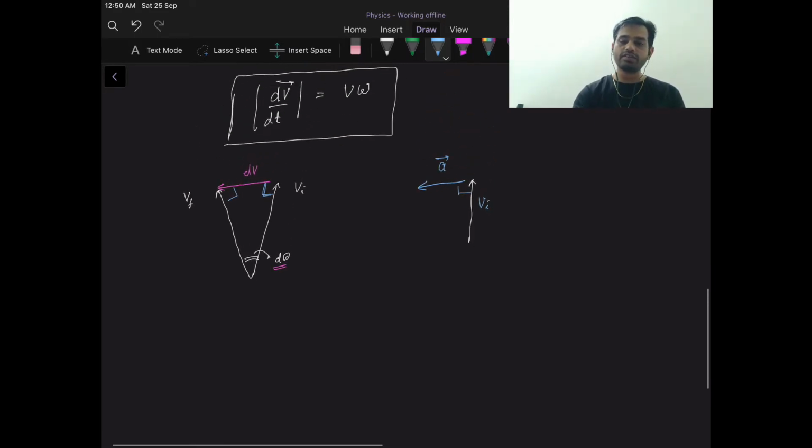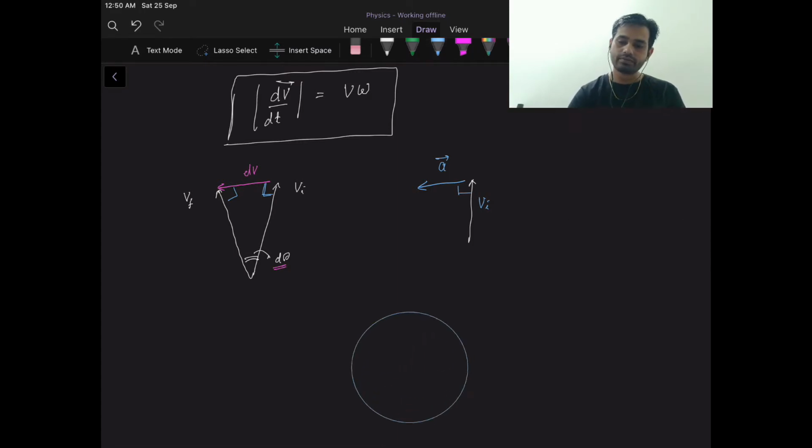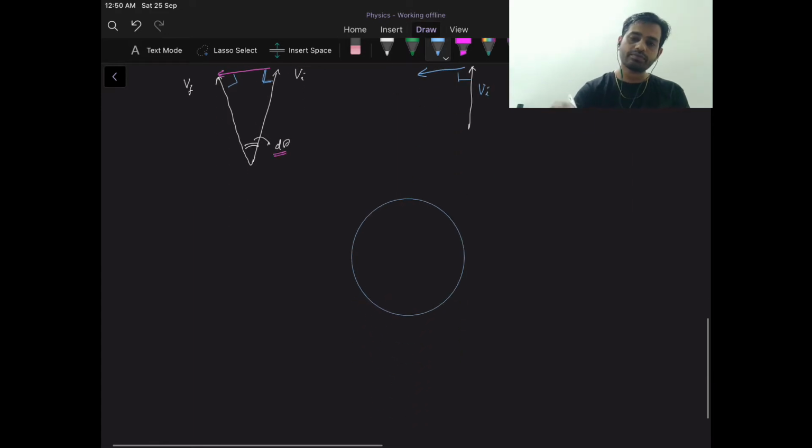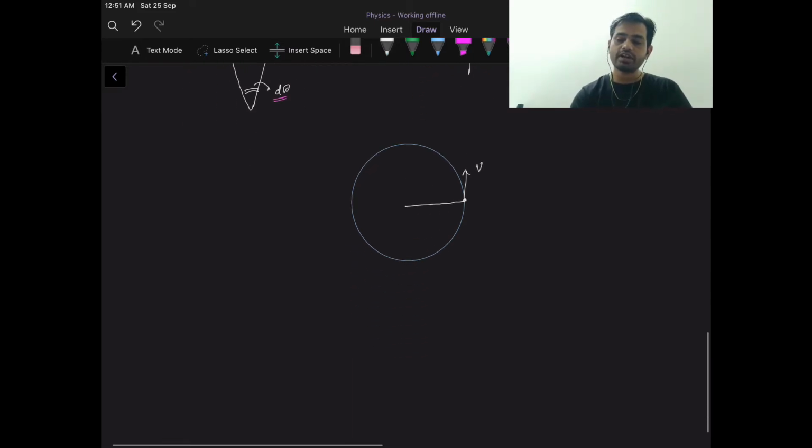Now let us try to see where this acceleration is pointing in the circle. Suppose in this circle the particle was moving. Here the velocity vector at this point is in this direction, right? What is the direction of acceleration? The direction of acceleration is making an angle of 90 degrees with the velocity vector. So at this point the direction of acceleration will be towards the center.